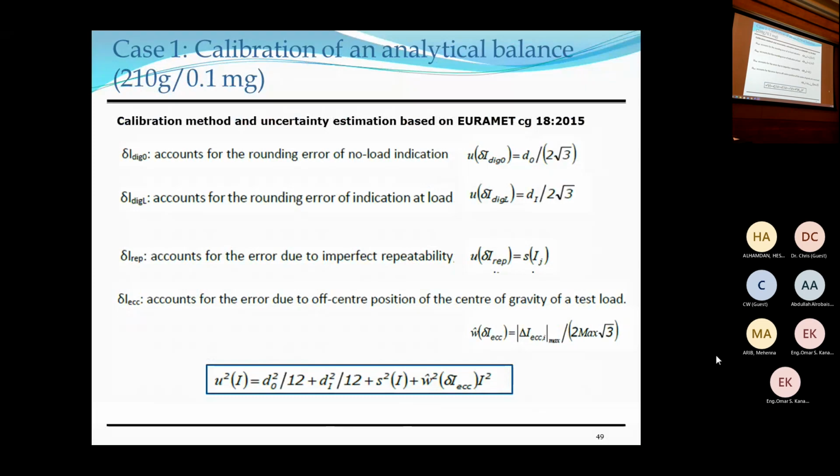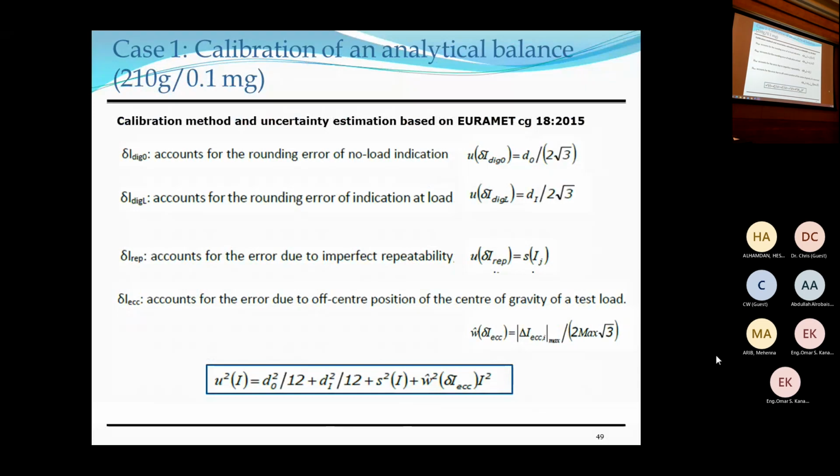And the uncertainty for eccentric loading, eccentric effects, is the maximum eccentric error divided by 2, divided by the maximum value of the balance, divided by the square root of 3, because typically this is modeled as a relative value. You see then that the sum of all of these things is 1, 2, 3 terms which do not depend on the indication, and then a fourth term which does depend on the indication because this is a relative term.